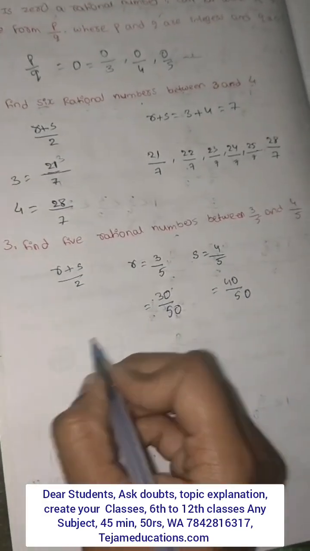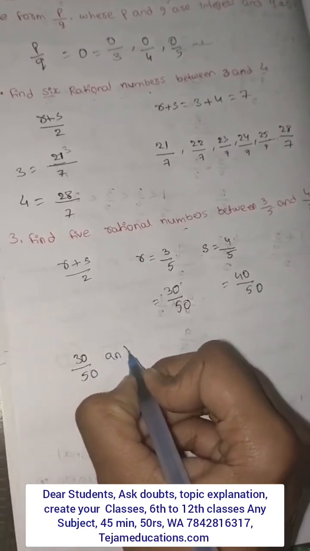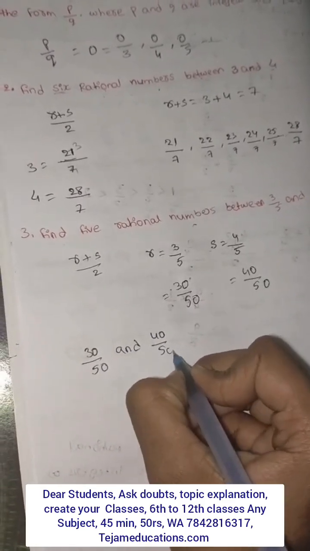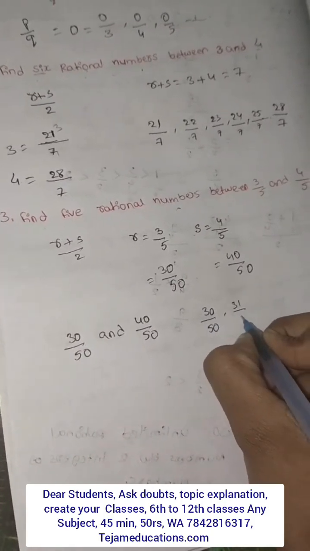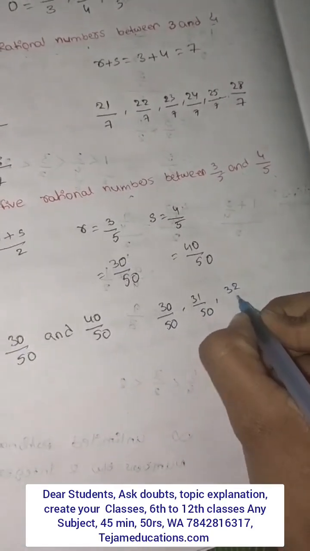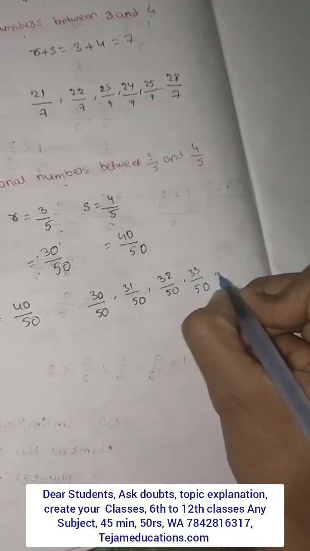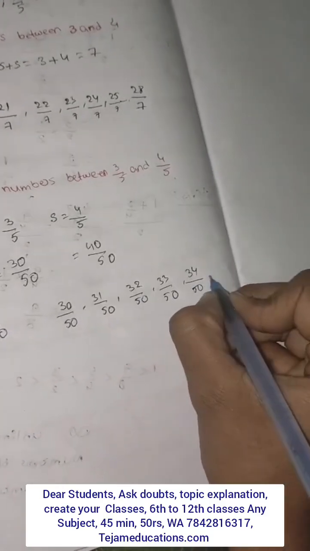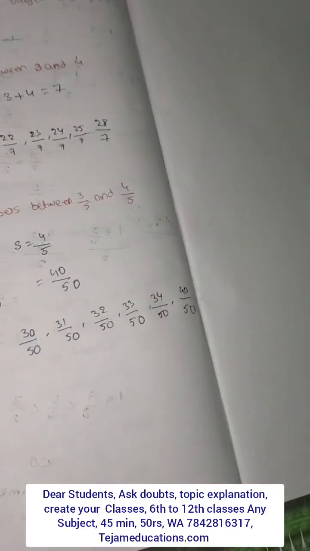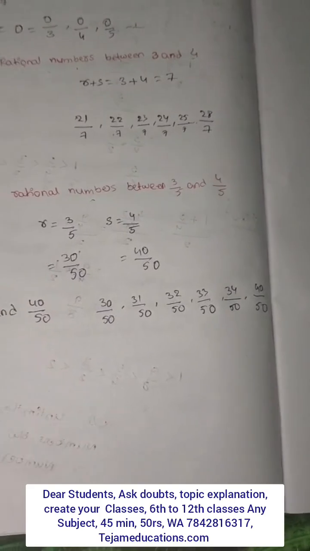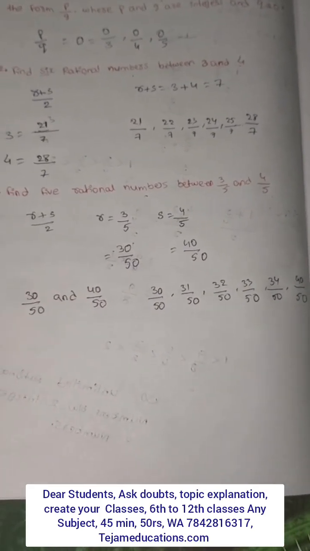So now we write the rational numbers between 30 by 50 and 40 by 50: 31 by 50, 32 by 50, 33 by 50, 34 by 50 and so on up to 40 by 50. Okay, so we have found 5 rational numbers between 3 by 5 and 4 by 5.